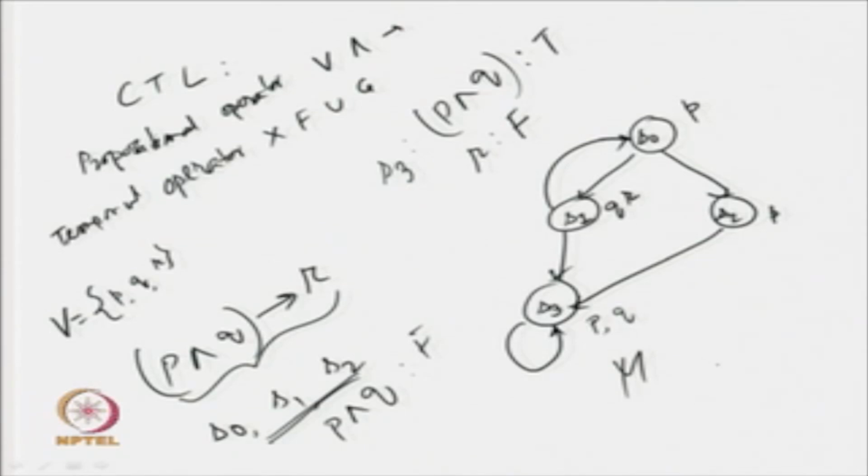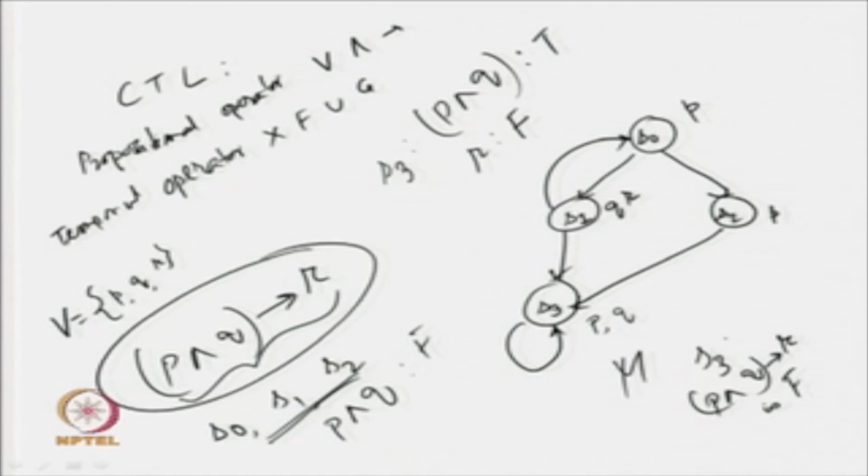In state S3, the given formula P and Q implies R is false, because P and Q is true but R is false, and true implies false is false. So, if I say that this is phi, then phi is true in states S0, S1 and S2, but it is not true over here.